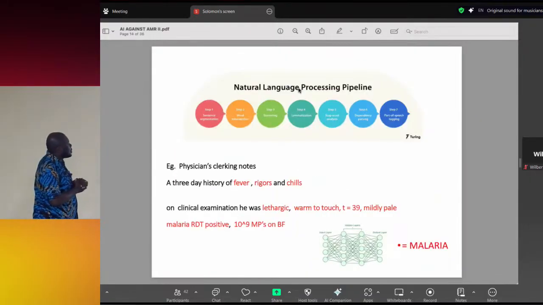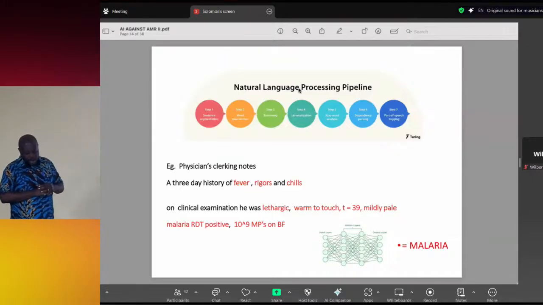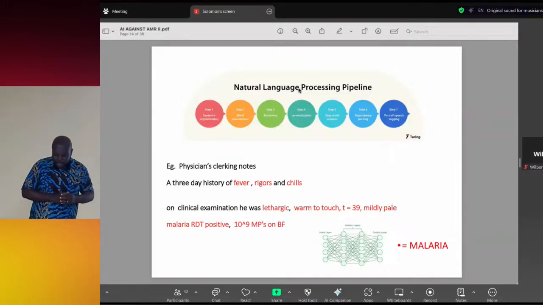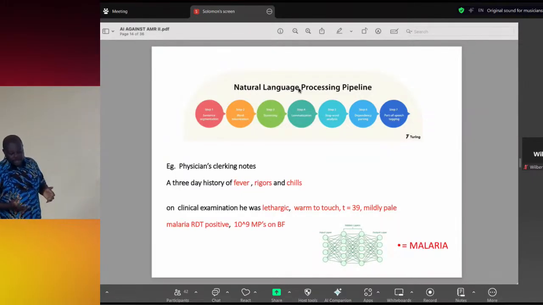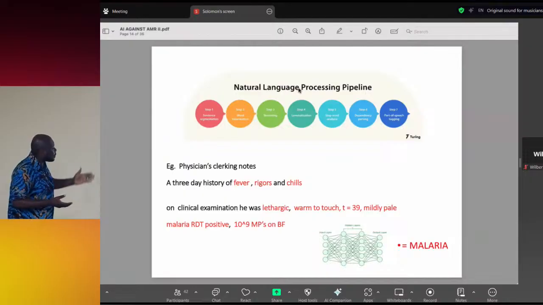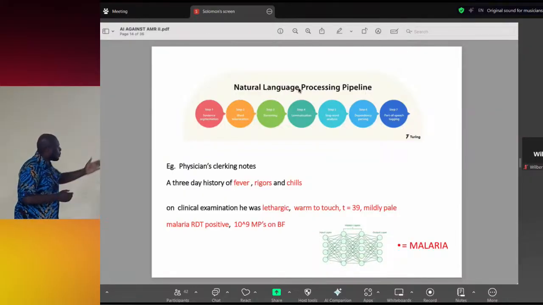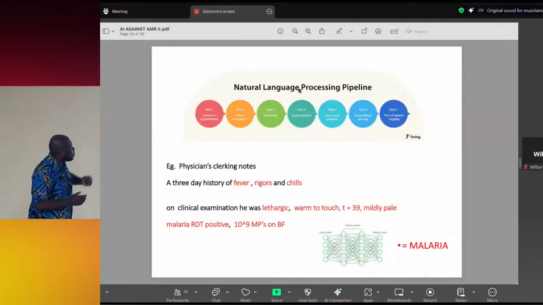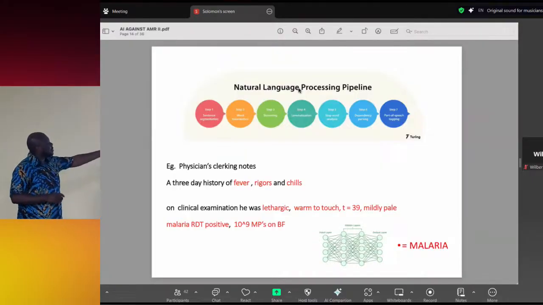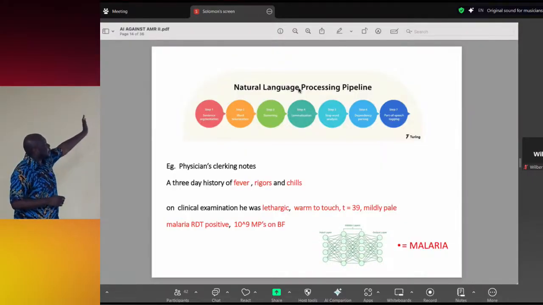Natural language processing tools do very wonderful work with regards to statements and text. They can derive meanings, they can recognize patterns, they can understand context. So therefore, the notes, the information we have, for example, this is from a doctor's notes, a 3-day history of fever, rigors, chills. On examination, he was lethargic, warm to touch, and all that. We just subject this to the NLP pipeline.